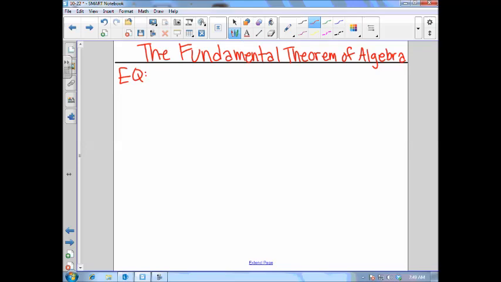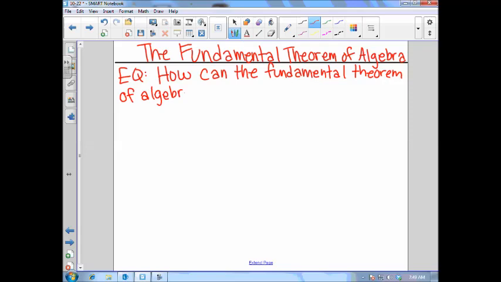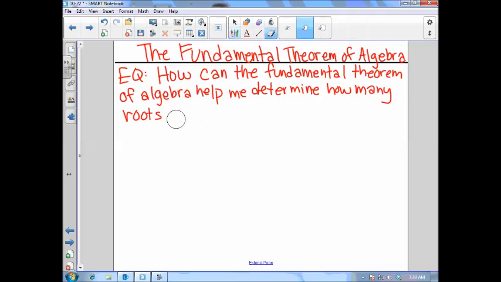Okay, our essential question today will be, how can the fundamental theorem of algebra help me determine how many roots a polynomial has?